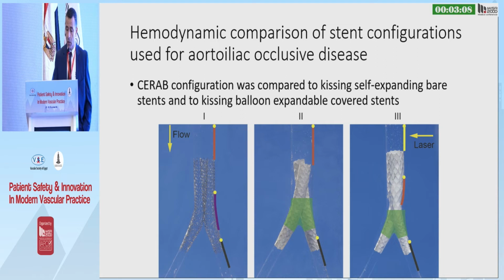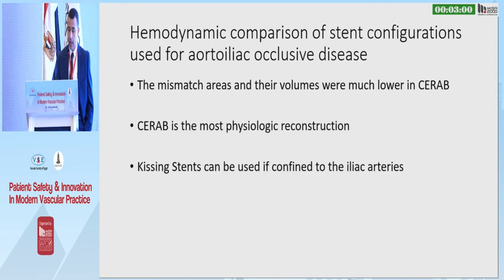And they looked into the mismatch, and they looked at the wall shear stress and the recirculation. And they concluded that the mismatch is the least in the CERAB, and it is the most physiological reconstruction out of the three models. However, if the disease is confined to the iliac artery, kissing stents can be used then.